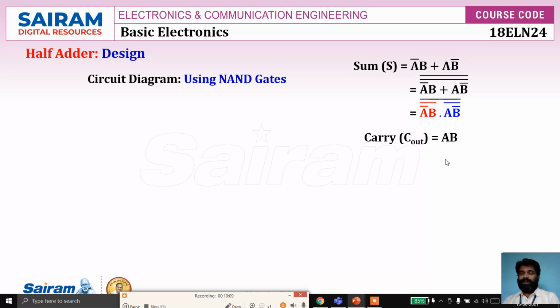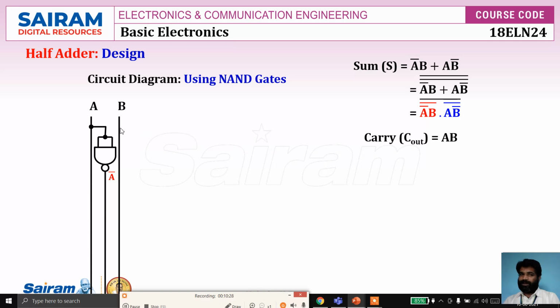So first, carry you can directly implement. Draw a line which represents A and connect A as an input to both inputs of a NAND gate, so its output is A bar. And draw a line which represents B and connect this B to both inputs of a NAND gate, so its output is B bar.